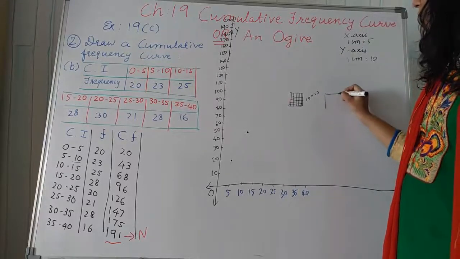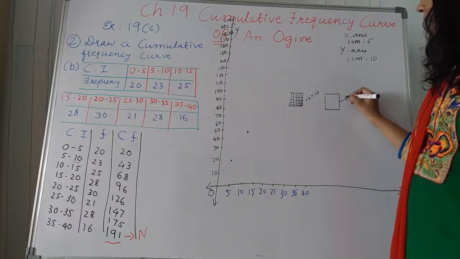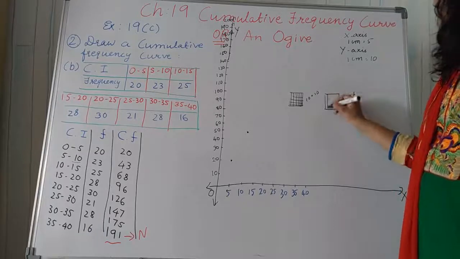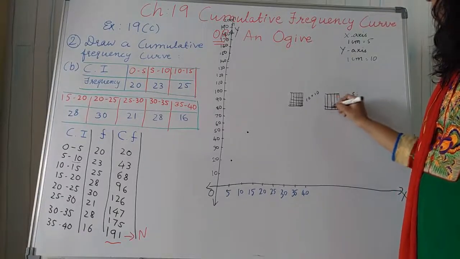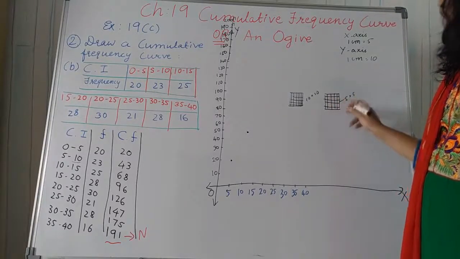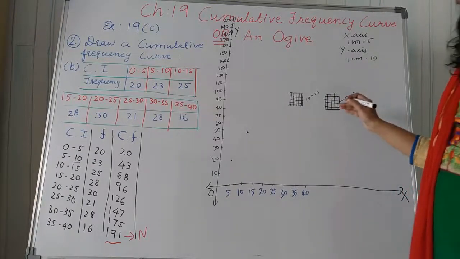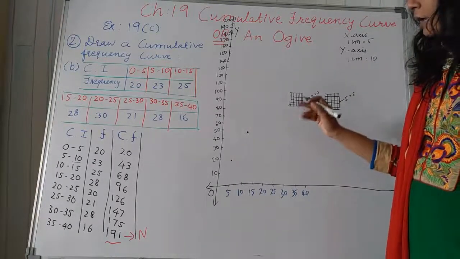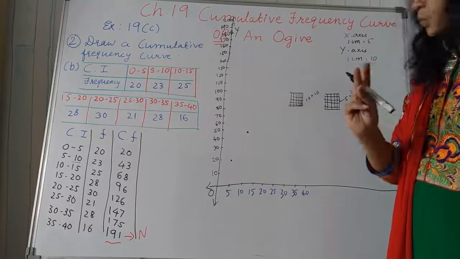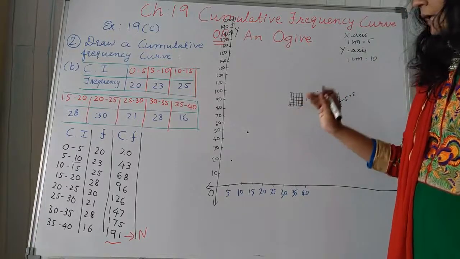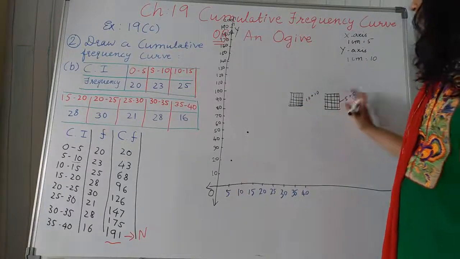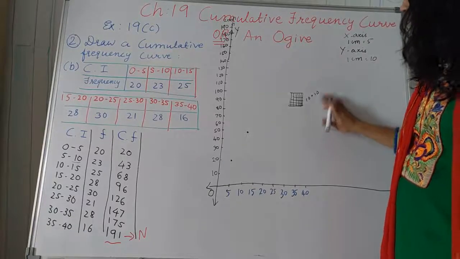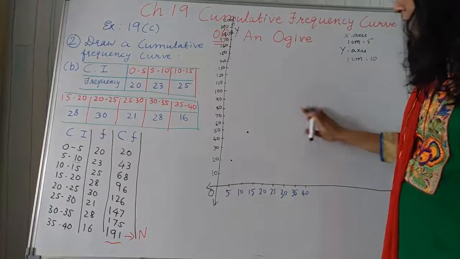But if you have the box having 5 by 5, means 5 lines only, means 25 boxes only, then you have to take accordingly, like 1 box is equal to 2. So 43 will be after 1 box and a half, like that, correct? So that you can understand accordingly, students.